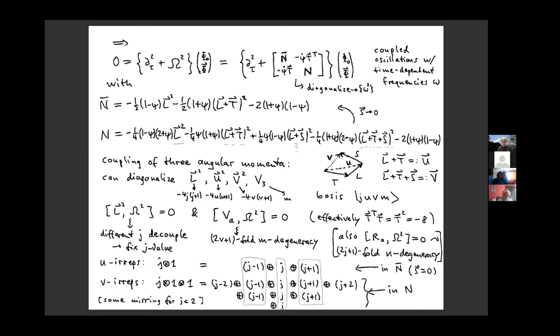Okay, so what happens then for the summing of the angular momenta, we get irreducible representations of L plus T and L plus T plus S. We have to couple spin J with spin 1 and spin 1, and we get these different representations of SU2.